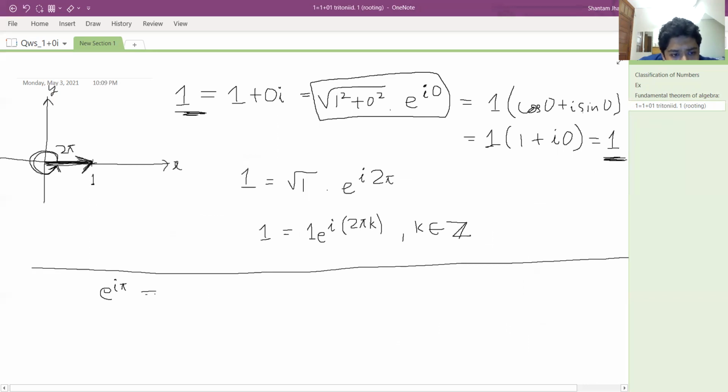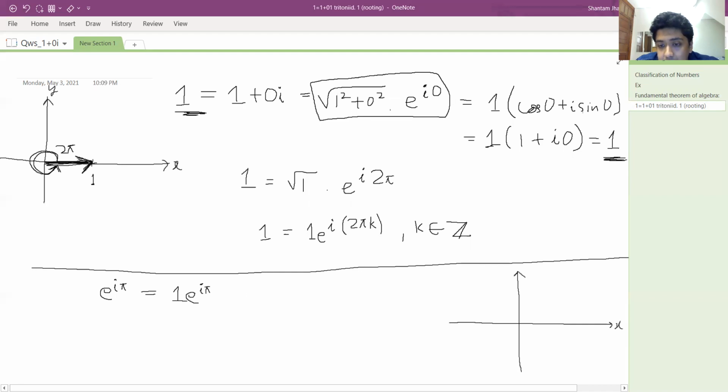So how do I represent this complex number? It's 1 times e to the i pi, first of all. Then I'm going to try to graph this complex number because I know how to write a graphical representation of it.